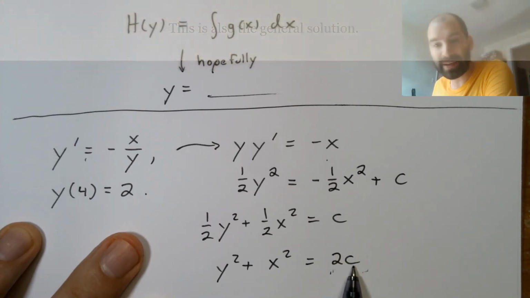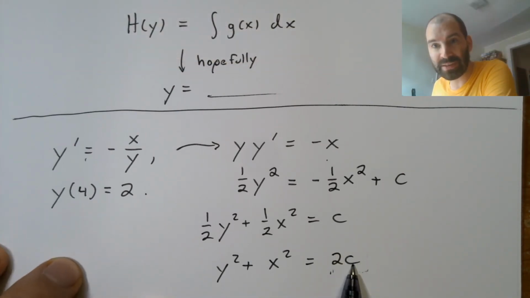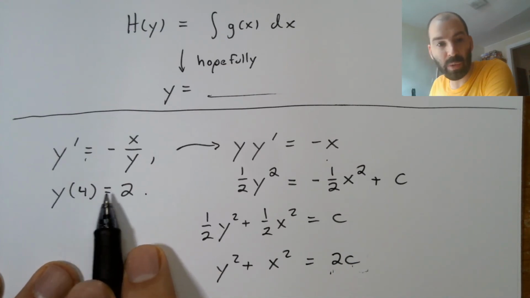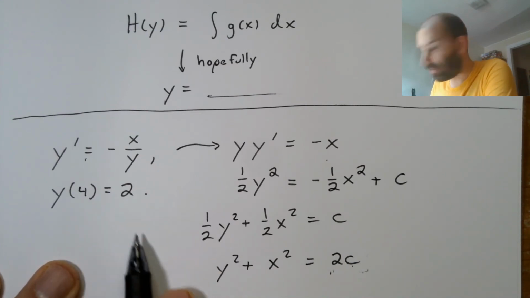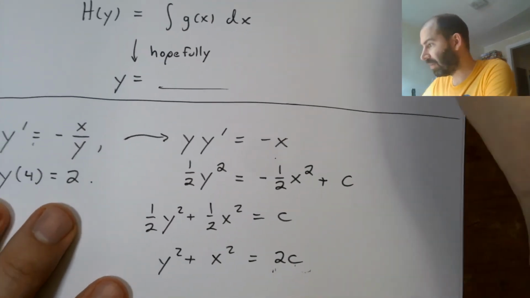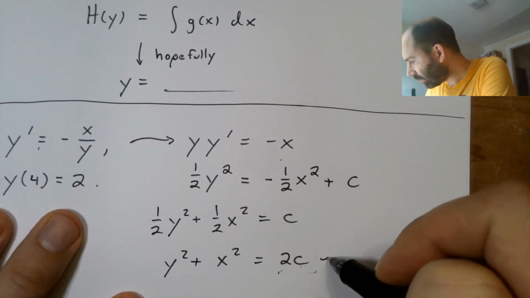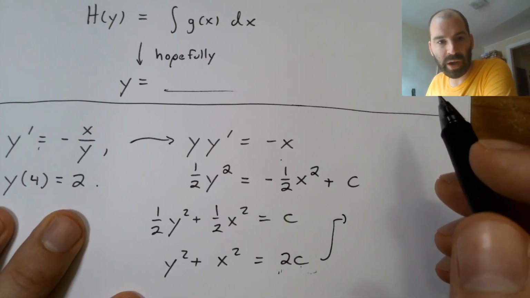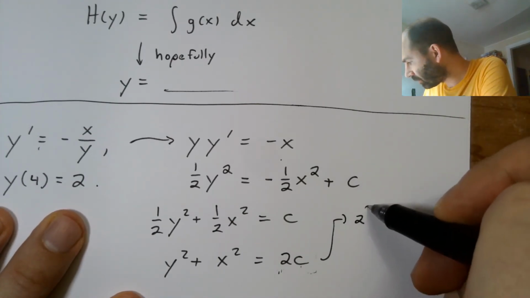So can I determine what this constant is? Well, absolutely. I can use this initial condition to find out what the constant is. This is saying that when x is 4, y is 2. So to find the constant, I'm going to plug those values in. In place of y, I'm going to put a 2, so we have 2 squared.